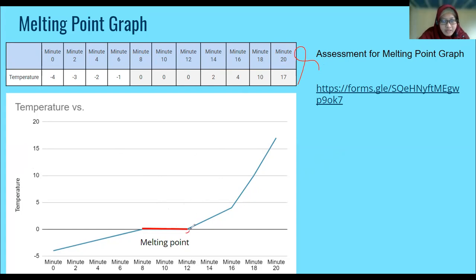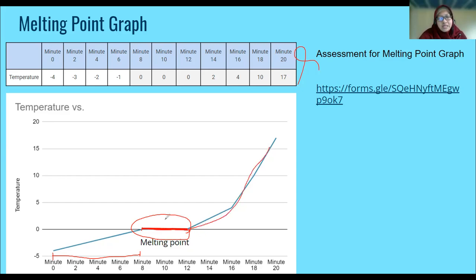And this part is the melting point, because if you look at this graph, in this part the temperature is increasing from -4 to 0, but at 0 degrees Celsius, it stayed for some minutes, and then it rose again.